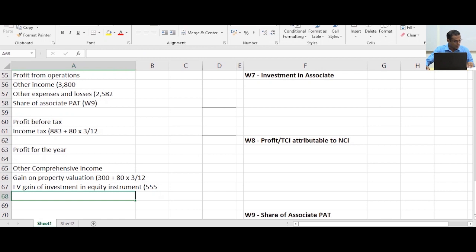Then I can say that total other comprehensive income. The total of these two items, I would say total other comprehensive income. Even though in the question there is no separate line item, I recommend you all to have a subtotal for the total of the other comprehensive income, right?